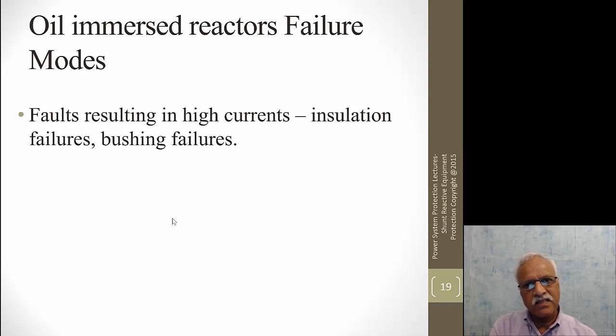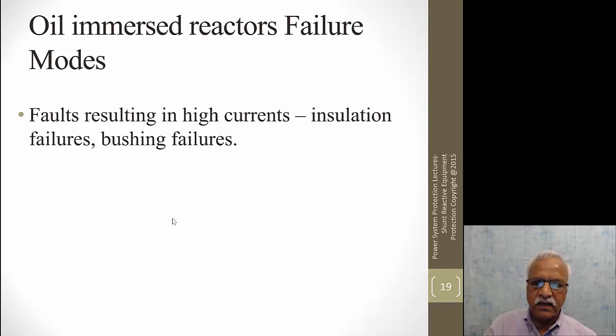There are methods now. They use controlled closing and controlled opening on oil immersed reactors to prevent failures. And on air core reactors, we just use controlled opening to prevent any reignition. This is beyond the scope of this, but I wanted to mention it to tell you that there are issues of switching any inductive loads, especially reactors, both at the low voltage level and at high voltage level.